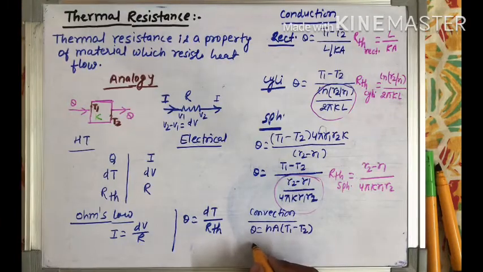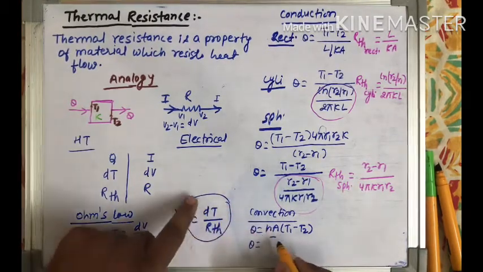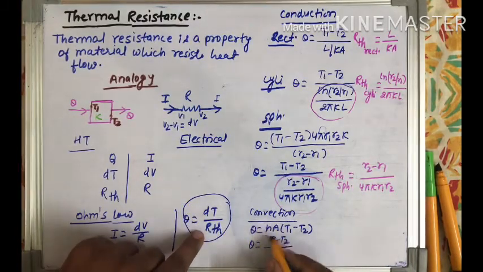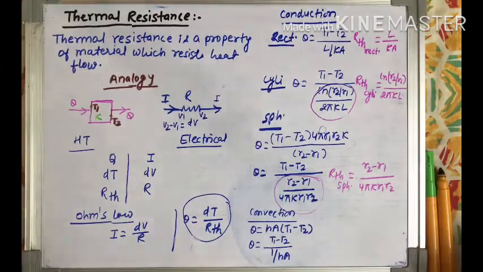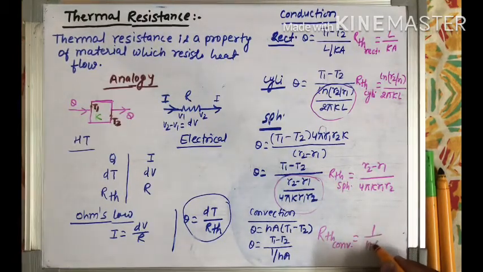So in this form, the temperature difference would be on top, and whatever comes in the denominator, that would be 1 upon hA. So in this condition, the thermal resistance for convection is 1 upon hA. I hope it is clear.